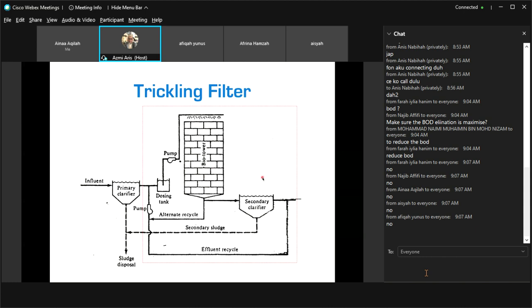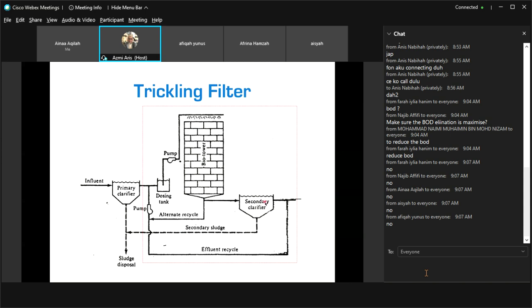And you will see also later on, if previously in the activated sludge system the recycle sludge ratio value is normally less than 1, for this effluent recycle it also has its R value, and the R value is normally higher than 1.